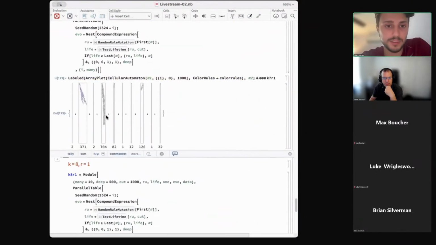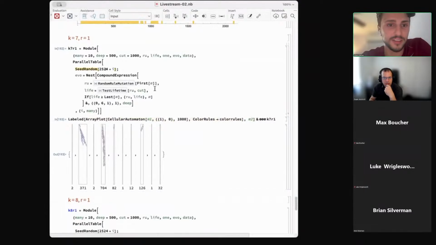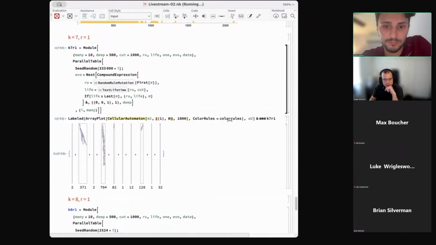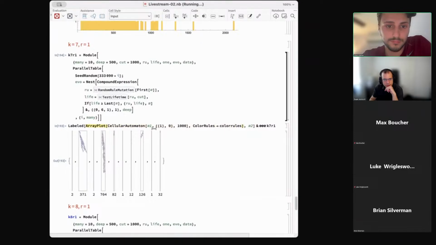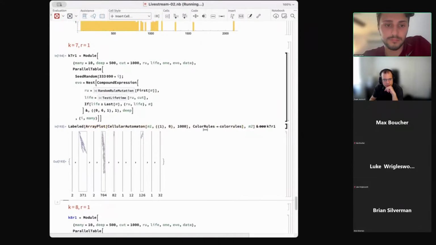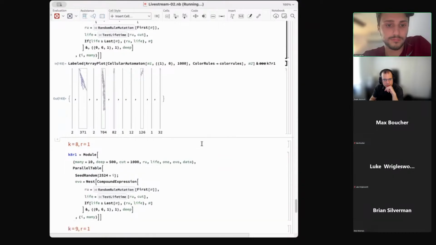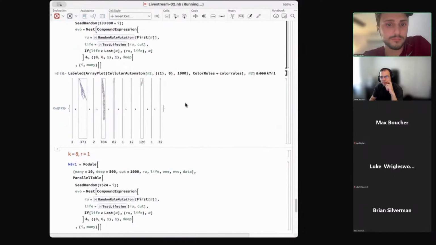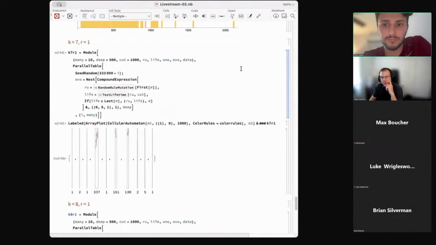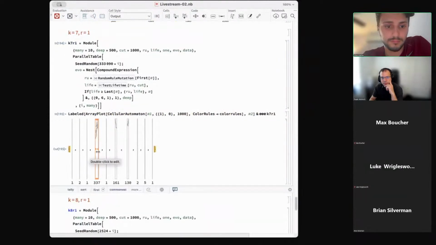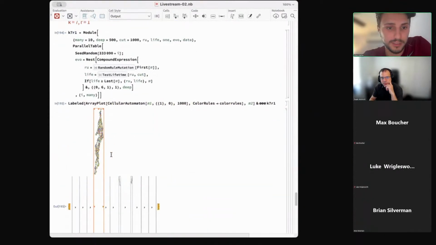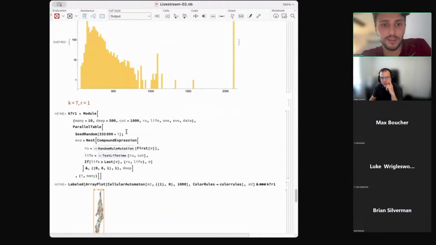Okay, so this is k equals 7. I should change the seed. Okay, I guess we can try this one, the fourth one.